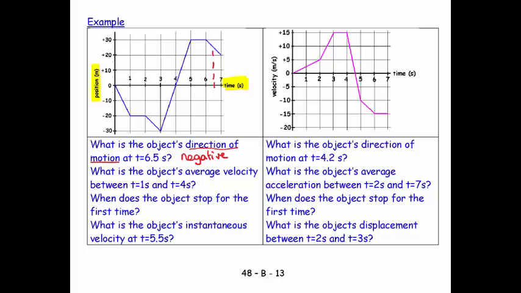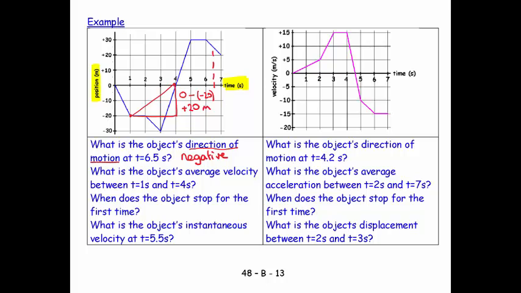What is the object's average velocity between 1 and 4 seconds? So for that one, we go to where we are at 1, go to where we are at 4, and draw our line. I know my velocity is my slope. My rise is equal to 0 minus 20, which is plus 20 meters.